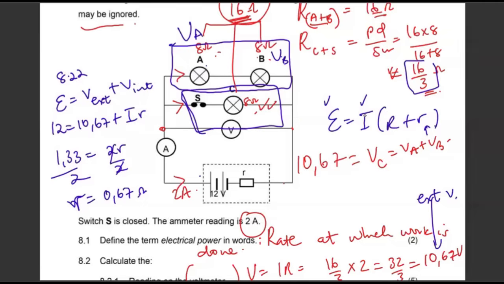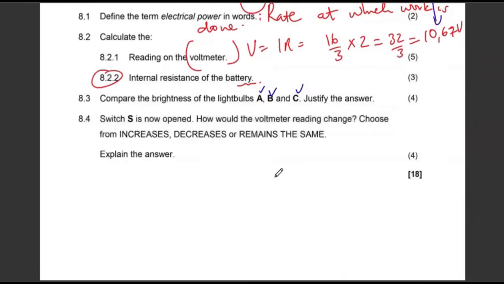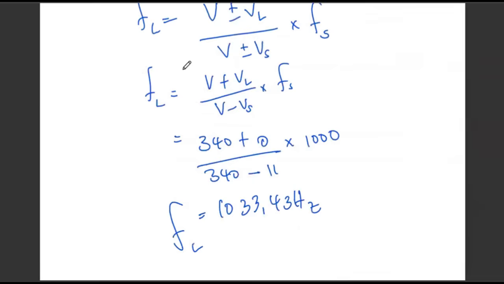We can say that bulbs A and B are connected in series across the battery, meaning that they glow equally. We're saying A and B are in series.